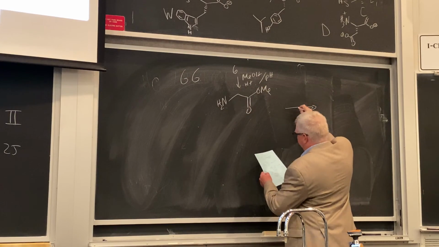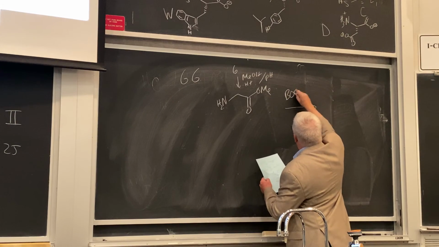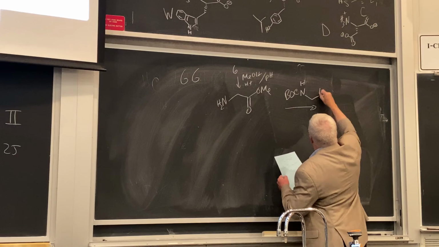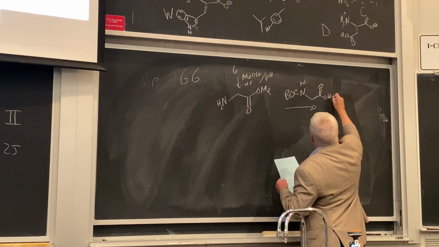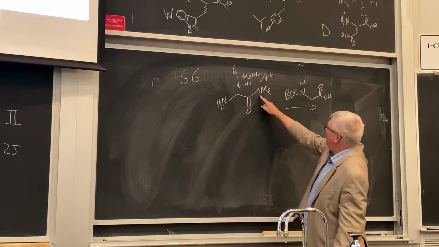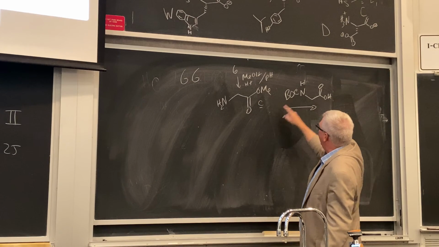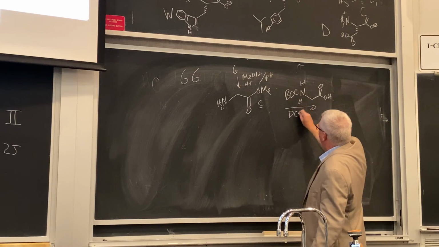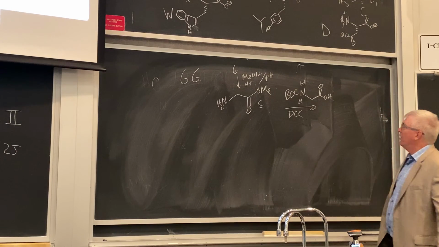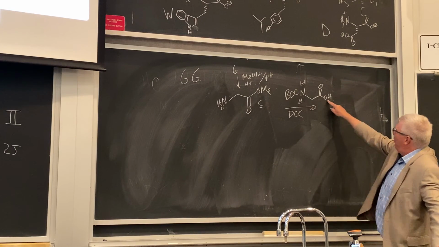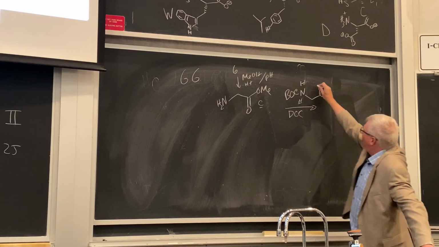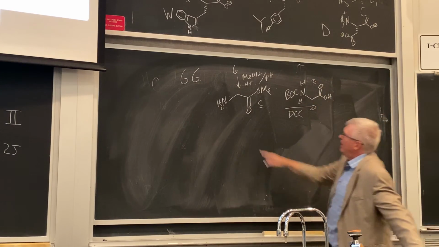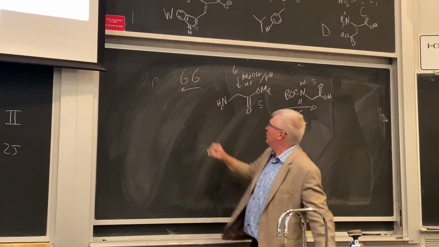And then we're going to react that with Boc-protected glycine, which has the free carboxylic acid here. So this will be the C-terminus end here. This will become the N-terminus here. And we're going to react it with DCC, which is dicyclohexylcarbodiimide. Here we have the free carboxylic acid on our second amino acid, which is the one to the left. Okay, we're starting here and synthesizing in this direction.